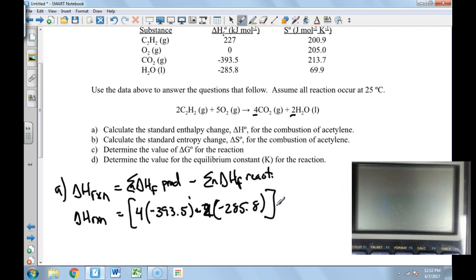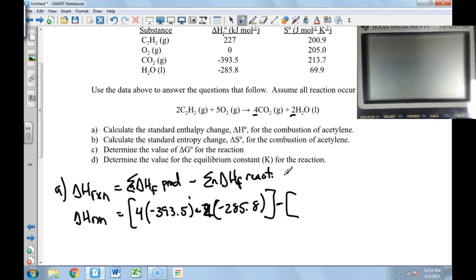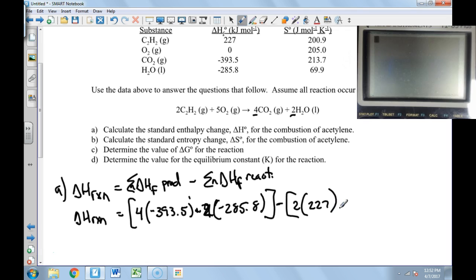And that's the products minus the reactants, and so that's a bracket. Minus the reactants, so it's 2 times acetylene, which is 227, plus, and I always include the elements, 5 times 0, because that communicates to the person grading it that you understand that this still plays a role in it, but in this case it's 0.